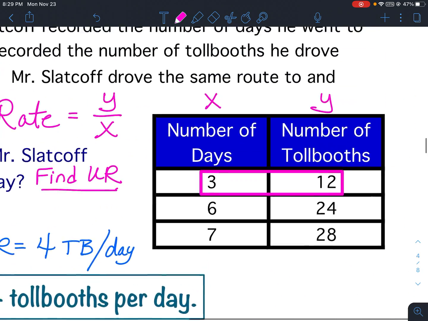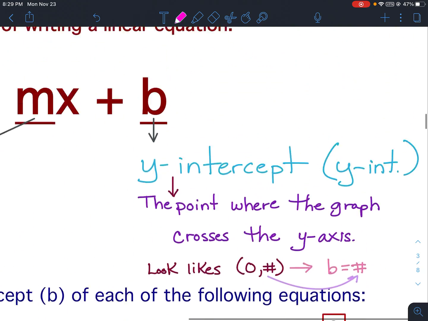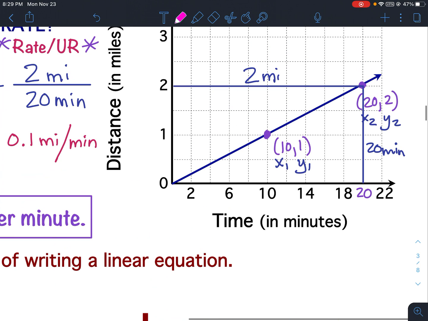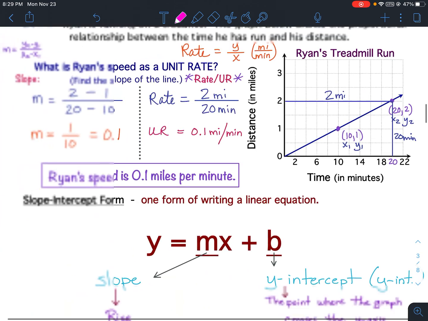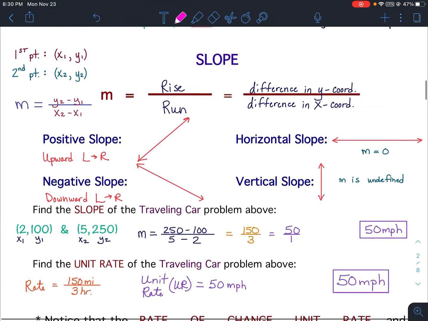Let me scroll up to this problem here. Notice how there's no 1 on the x-axis? Because there's no 1 on the x-axis, I couldn't just draw a line up. There has to be a 1 on the x-axis. Okay?